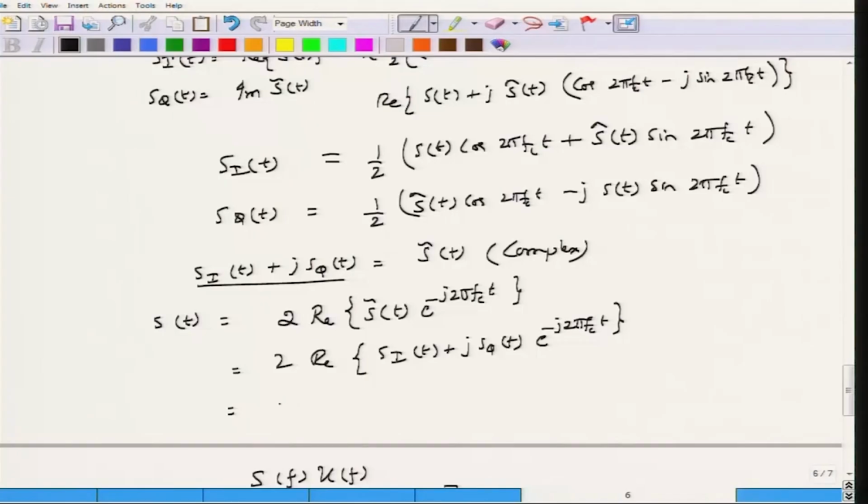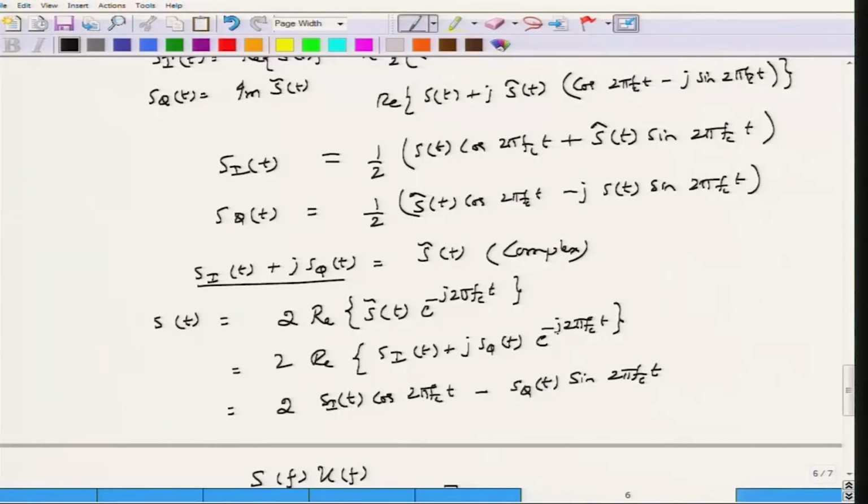So, this would be si of t cos 2 pi f c t, and then j sq of t cos 2 pi f c t will go away, but what the other real part that you are going to get is j sq of t multiplied by minus j sin 2 pi f c t, minus sq of t, there is a factor of 2 sitting here, times sin 2 pi f c t.